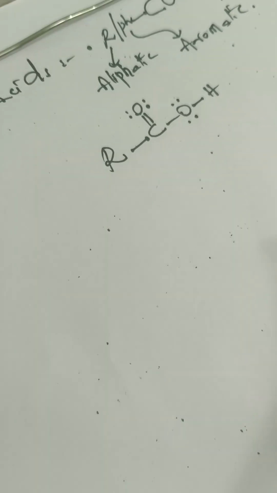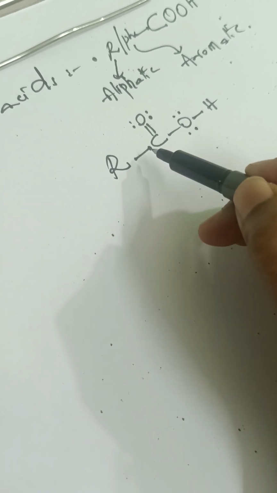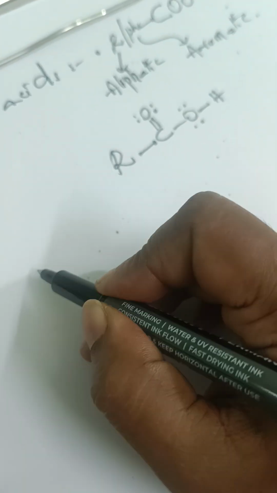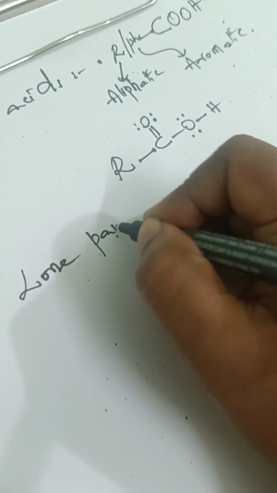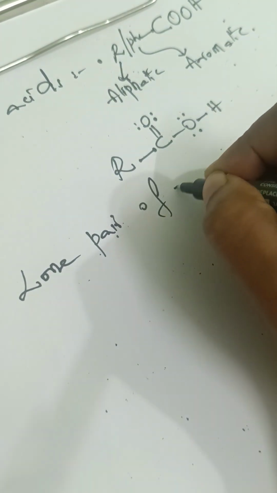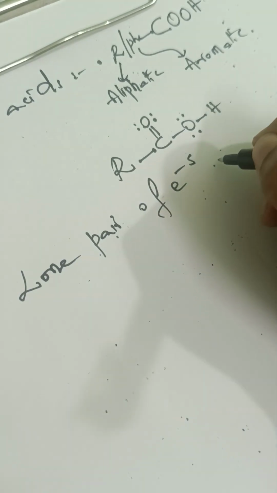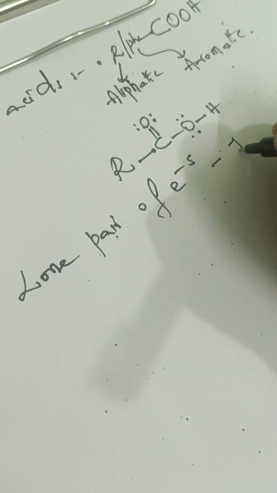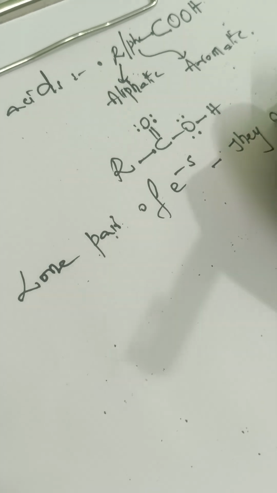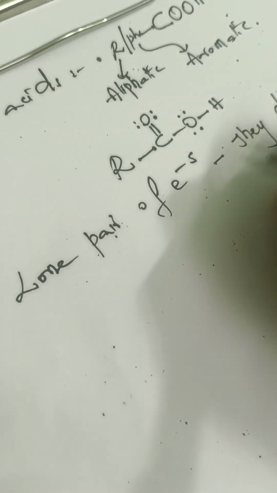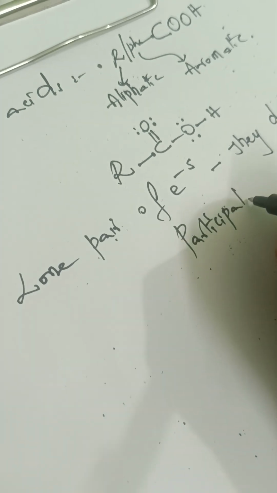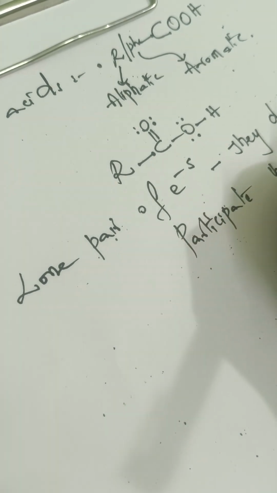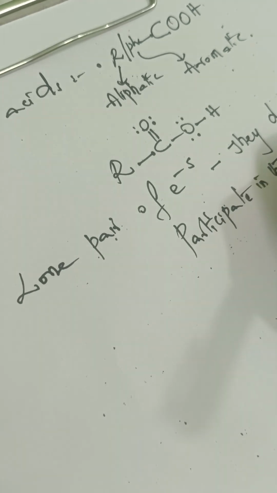What are lone pairs and bond pairs? Lone pairs of electrons are those that do not participate in the bond formation.